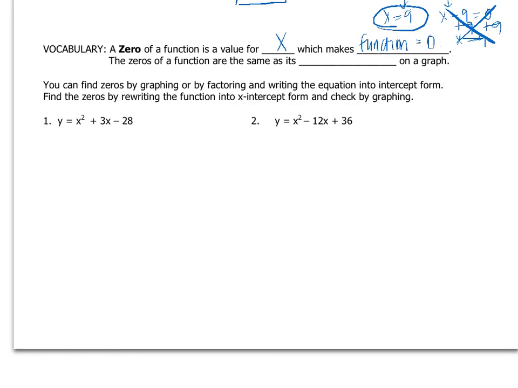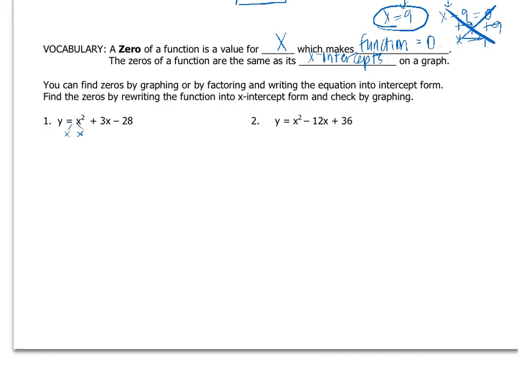Zeros are the same as x-intercepts, and we talked about that above on a graph. So we're going to factor it first and find the x-intercepts. Then I'm going to relate it back to section 4.2 to show you how to find the rest of the information to be able to graph. So let's factor it first.